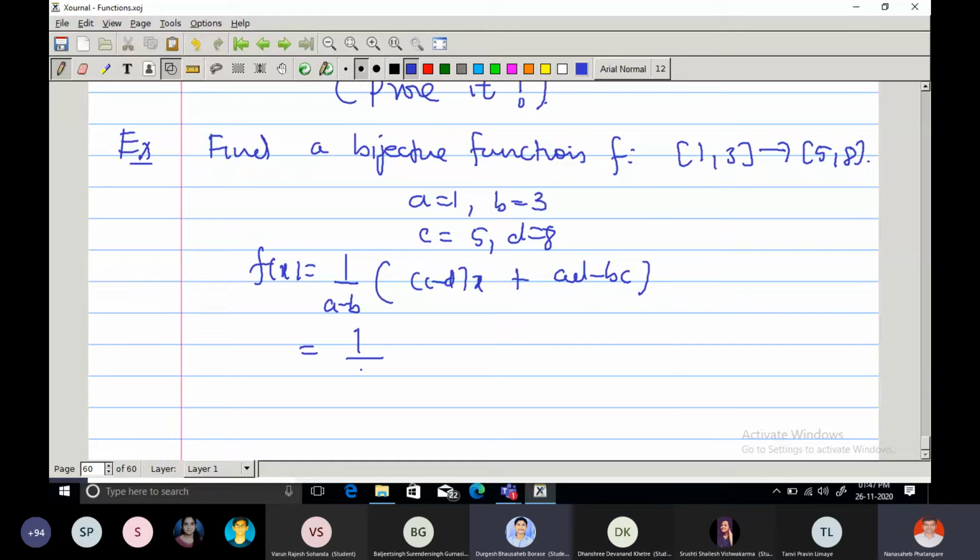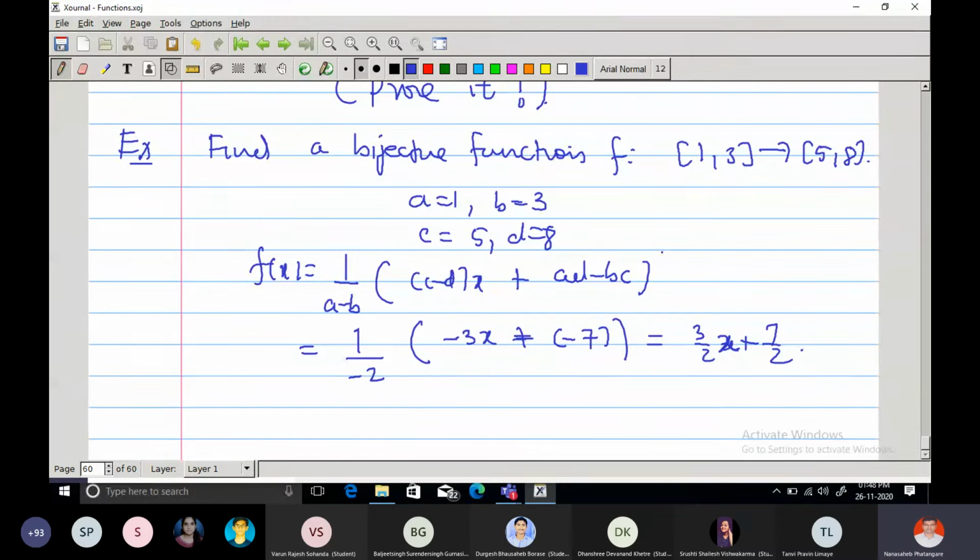The function is 3x plus 7 upon 2. So what is AD minus BC? 8 minus 15, so minus 7, right? And the minus outside the bracket makes it plus. So 3 by 2 x plus 7 by 2. Right, so this is a bijective function from 1, 3 to 5, 8.